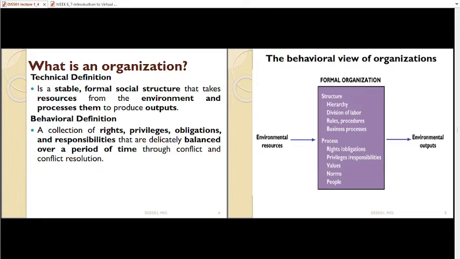But this technology cannot achieve what we are saying it's going to achieve as an output without us looking at the behavioral definition, where we are saying it's a collection of rights, privileges, obligations, and responsibilities that are balanced over a period of time through conflict and resolution.